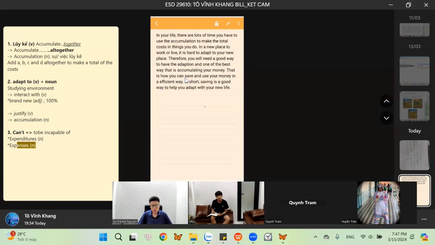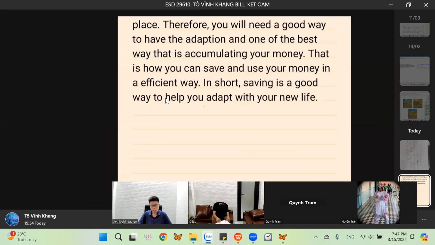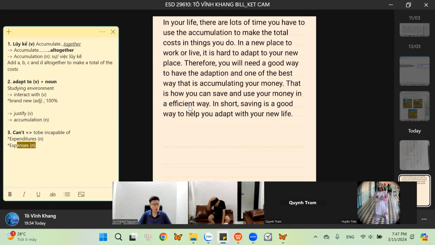That is how you can save and use your money in an efficient way. Please be careful. Efficient: whenever you see the letters "uể oải", please use "ie". Very simple grammar rule, but when we study in a higher class, we easily forget the simple grammar rules.